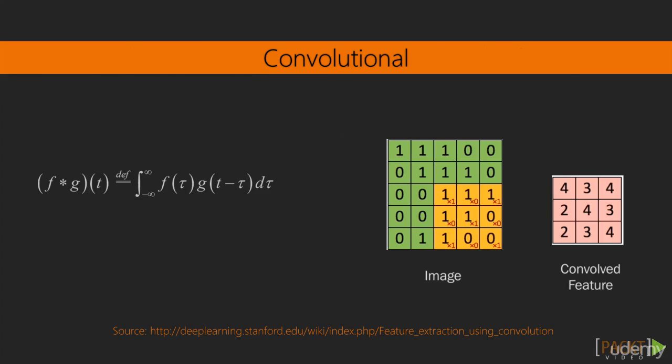Convolutions can be understood as a sequence of sliding and projection operations. In this slide, we can see the definition of convolution for one-dimensional signals and an illustration for the two-dimensional case. The sliding here is defined by this displacement t, and the projection is just the inner product between two functions.